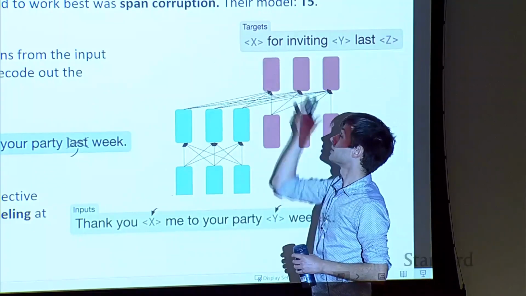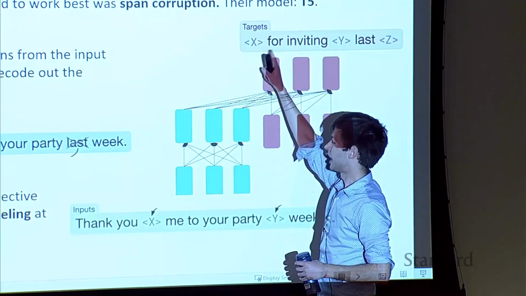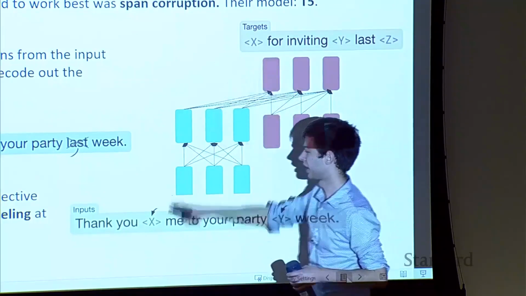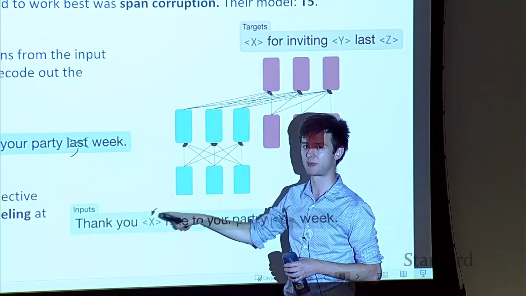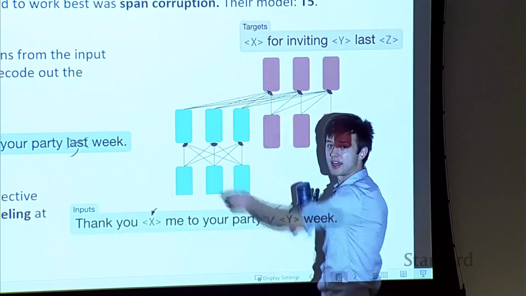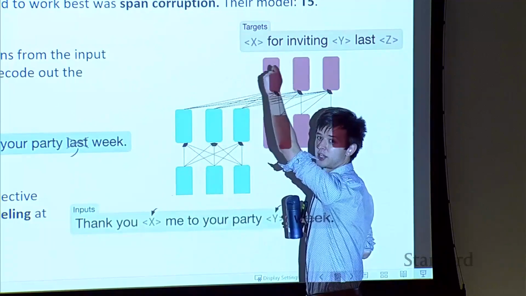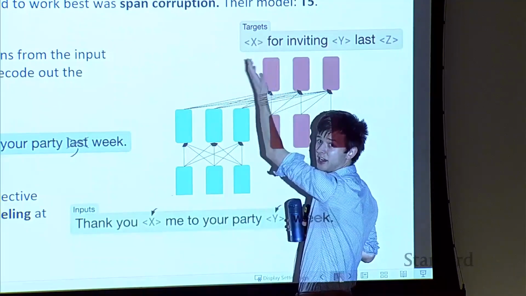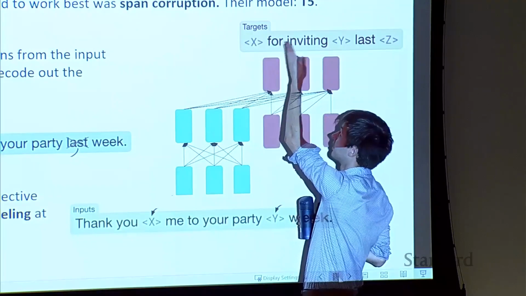And then up here, it gets to attend. I can look and I know that first I have to predict this first masked thing. So I'm going to generate that in my decoder. And then it gets that symbol, right? So we're doing training by giving it the right symbol. Now it gets that X, and it says, okay, I'm predicting X now, right? And now it can predict.